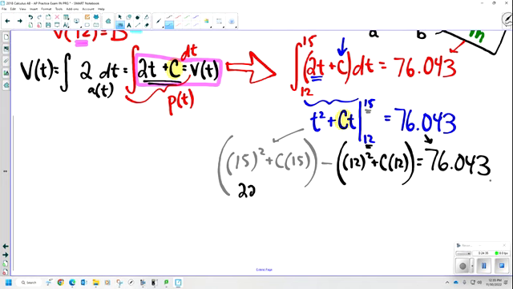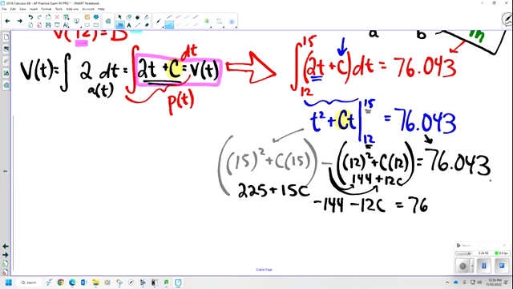This is 225 if I square it, plus 15c. This is 144 plus 12c, but I got to distribute the minus sign, so I get minus 144 minus 12c, equal to 76.043. Let's combine like terms. 225 minus 144. It's 100. Is that 76?